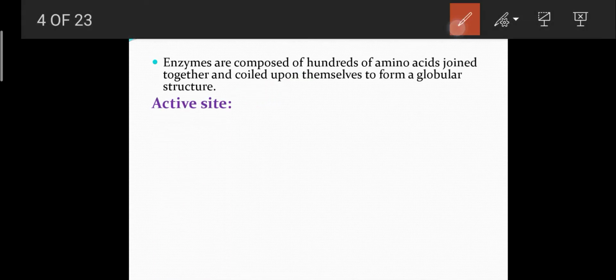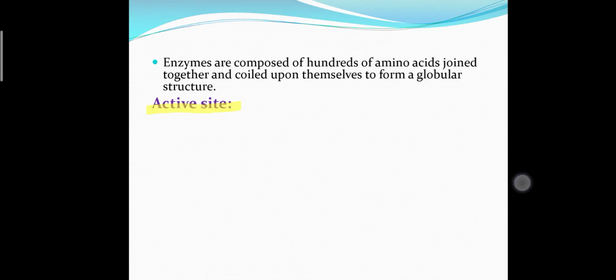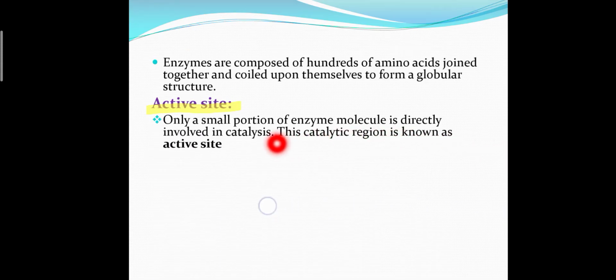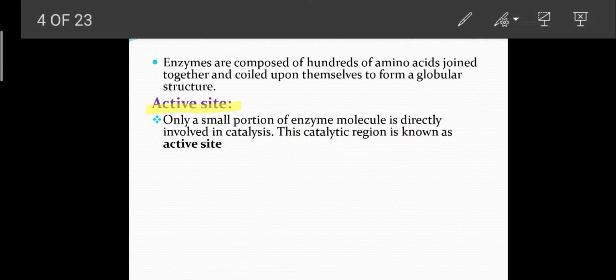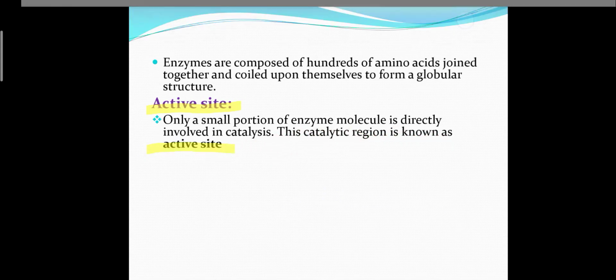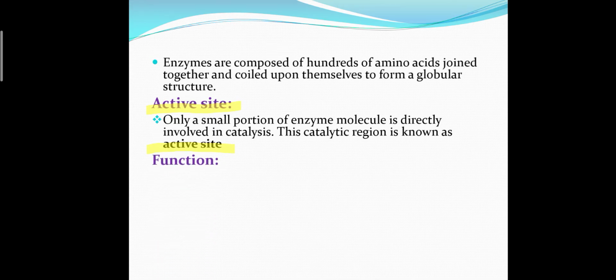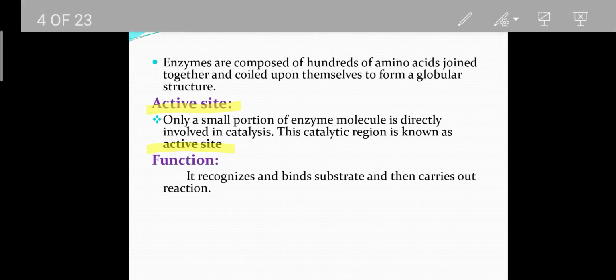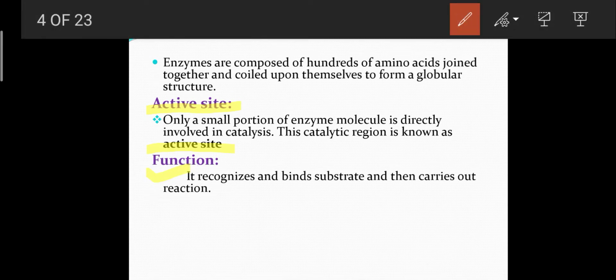What is the active site? Only a small portion of the enzyme molecule is directly involved in catalysis. This catalytic region is known as the active site. What is the function of the active site? The active site recognizes and binds the substrate and then carries out the reaction.